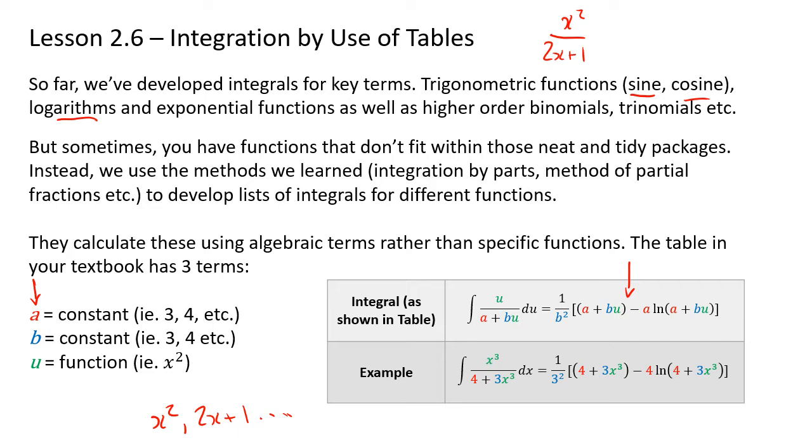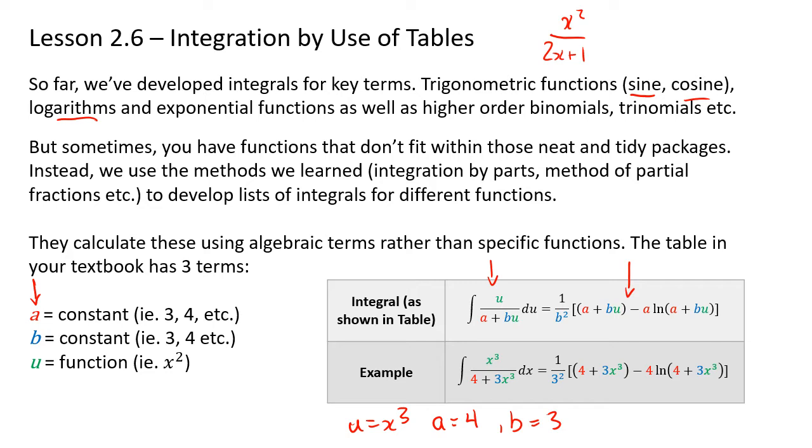So our first example, I'm just going to show you how it fits in. x cubed over 4 plus 3x cubed. This falls within the format I've shown here, where you have the function u in both spots, x cubed and x cubed. So your function u is x cubed. Your constant a, in this case, is 4, and b is 3.